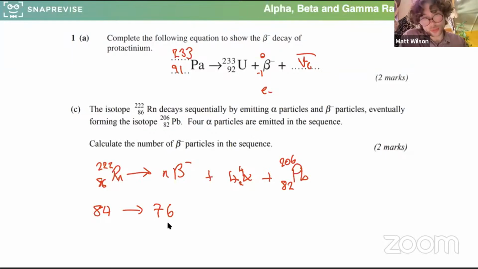Good, fine. Then we need to figure out how many beta decays we need to get ourselves back up to 82. So how many times do we need to turn our neutrons into protons to get from 76 to 82? Well, we're going to need to do that 6 times.